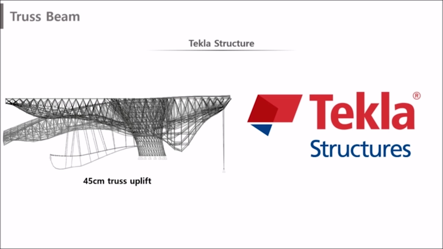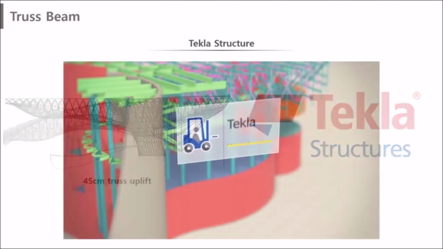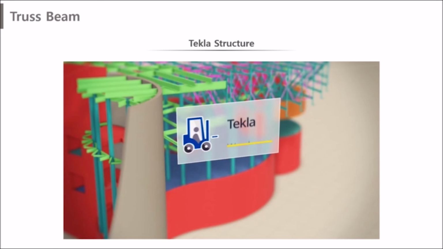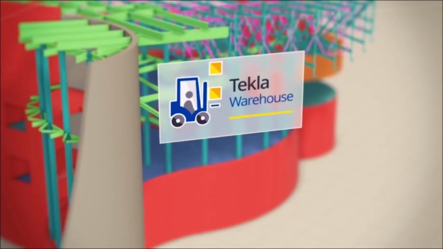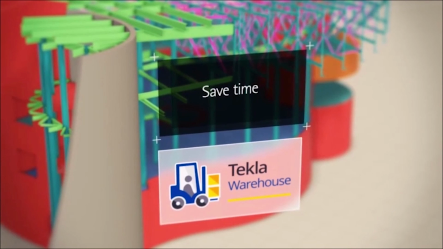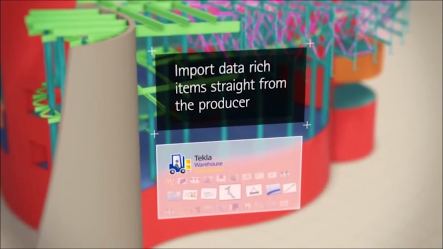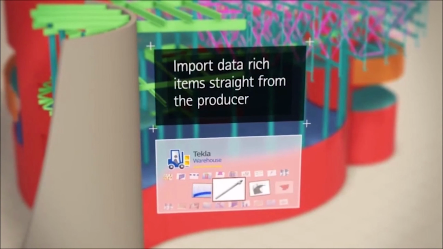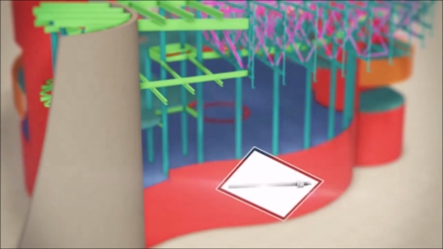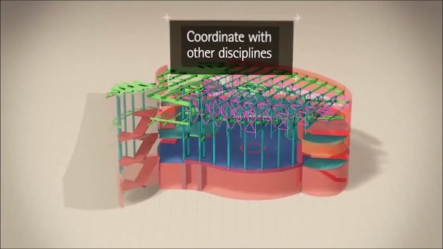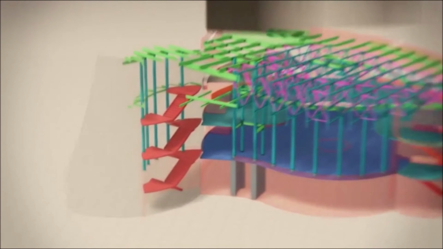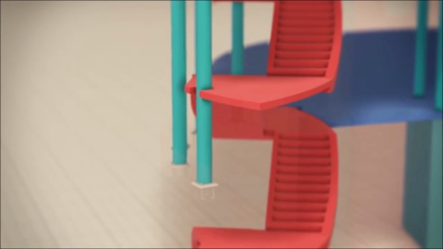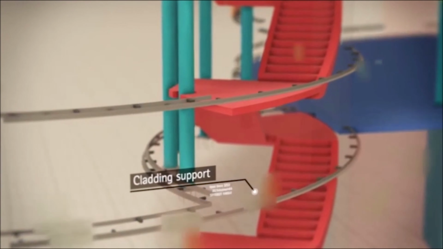Therefore, as a solution to this, the Busan Cinema Center introduced the Tekla system. Tekla Structures is a building information modeling tool that used CAD standards to create fully interactive structures for all construction projects.